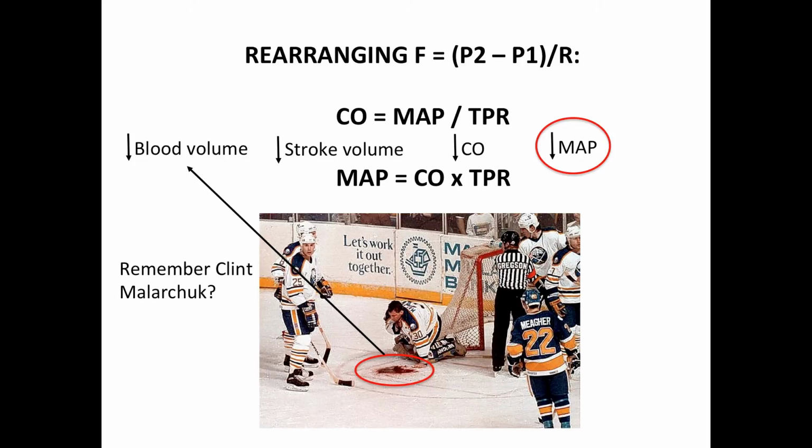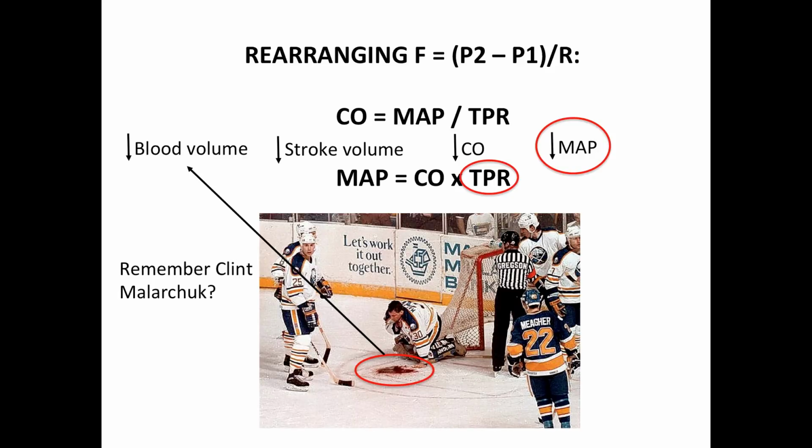You will be dead. Okay. So we want to try to modify that using this equation. We could either increase cardiac output or we could increase total peripheral resistance. This is the end of the system that we're going to work on with the next video.